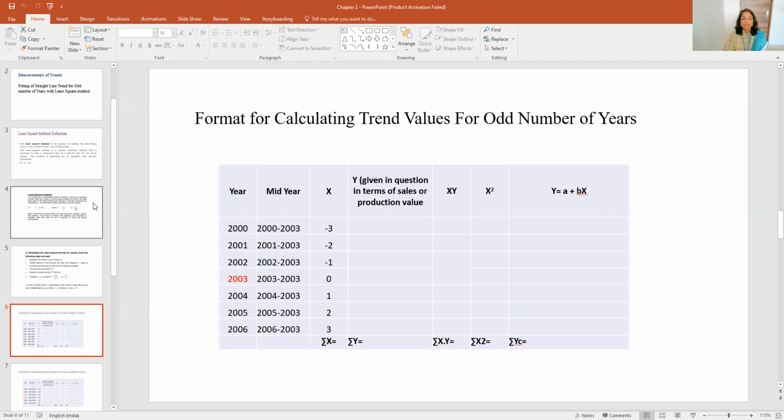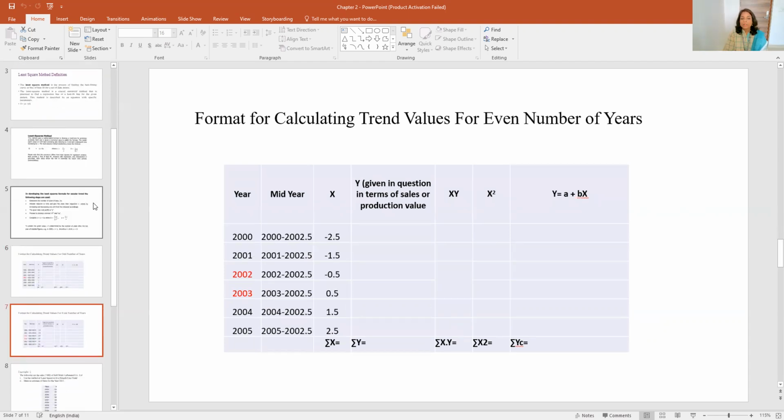Whenever the data is given for 5 years, 7 years, 9 years, or 11 years, this applies. Now, if they have given an even number of years, like 4, 6, 8, or 10 years, the other things will be as it is, as we did for the odd number of years. Only the x value will be different.